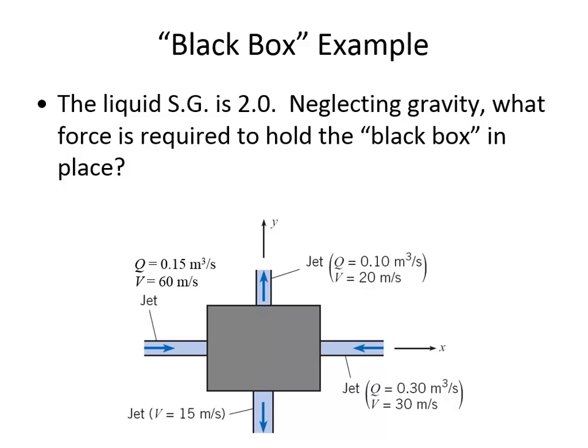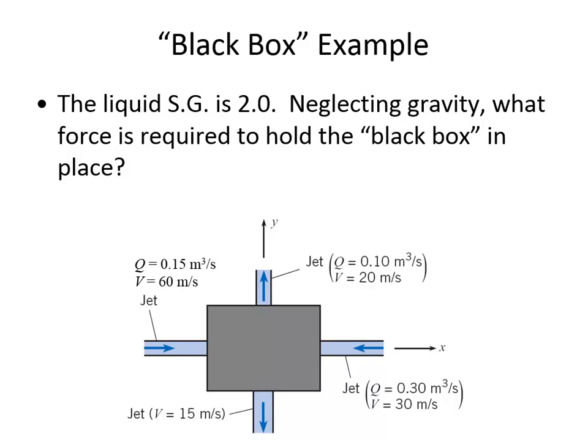Basically, it was mass flow rate 4 and mass flow rate 2 that we're interested in here. The liquid specific gravity is 2.0. That means that the density is 2,000 kilograms per cubic meter. And then we've got a volumetric flow rate at 2 of 0.30 cubic meters per second.